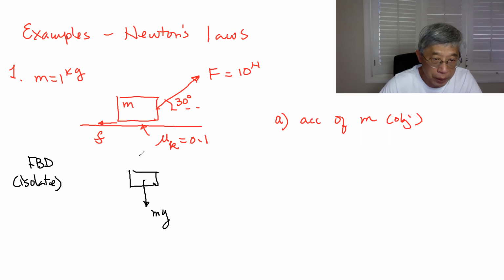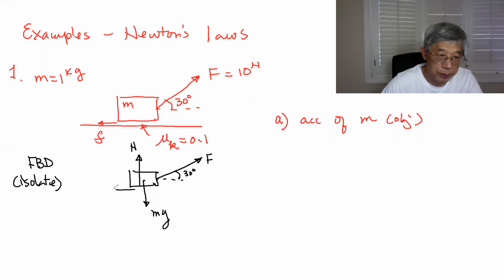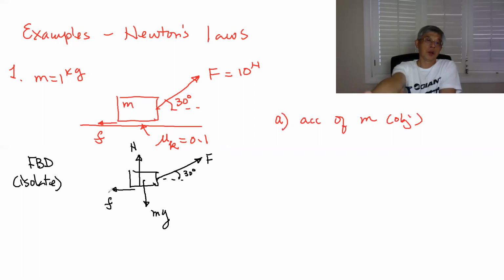We also have an N, and we're going to call that N. And we also have this F, which has an angle, this one here, 30 degrees. And then we have a friction right there.